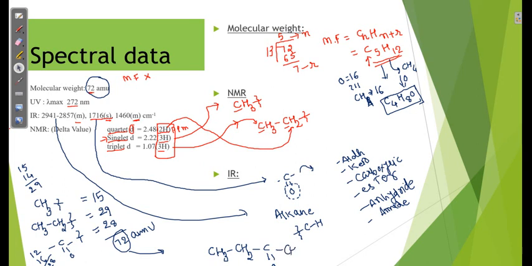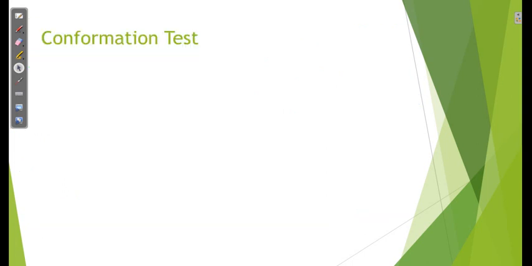So we are getting such a structure, containing the ketone functional group. But after getting the structure, we must move to a confirmative test. Without that, we cannot go. Suppose we are getting such a structure: CH3, CH2, CO, and CH3.